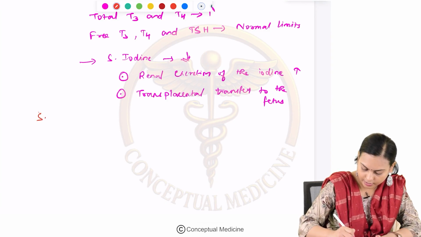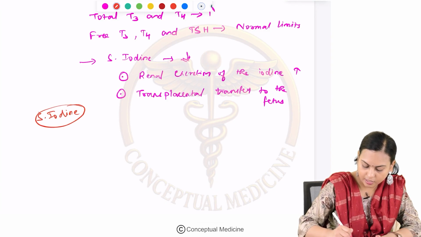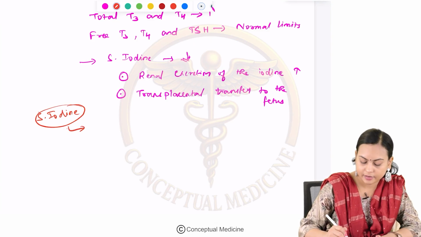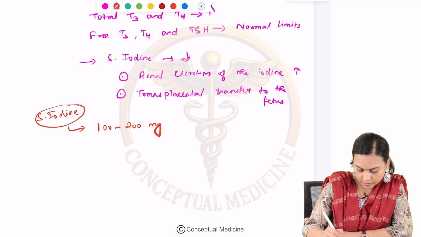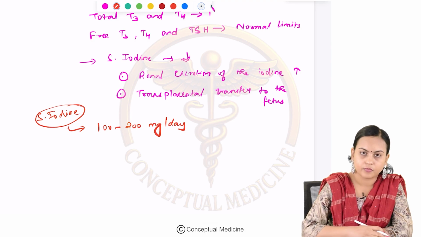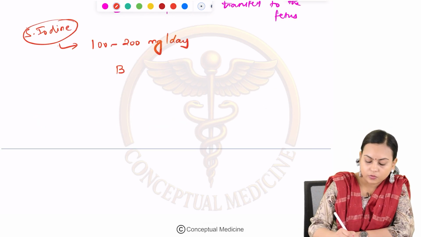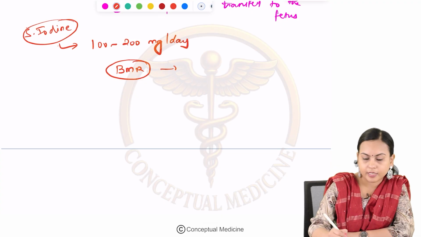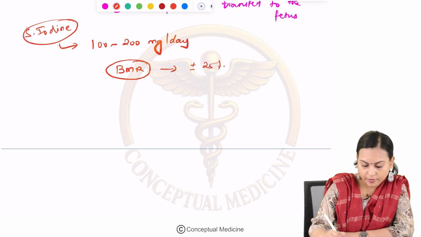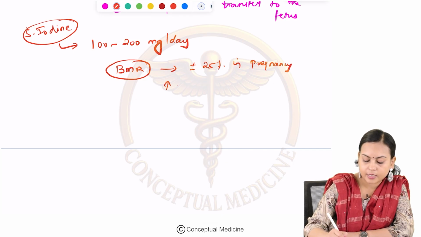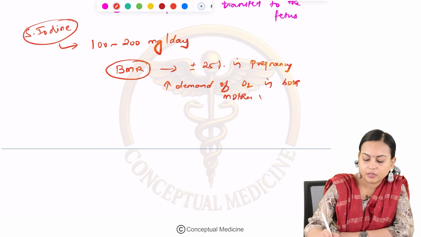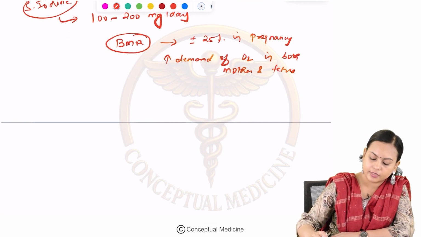So, iodine should be supplemented at a higher dose, say 100 to 200 micrograms per day. Also know that basal metabolic rate increases by plus or minus 25% in pregnancy because there is an increased demand of oxygen in both mother and the fetus.